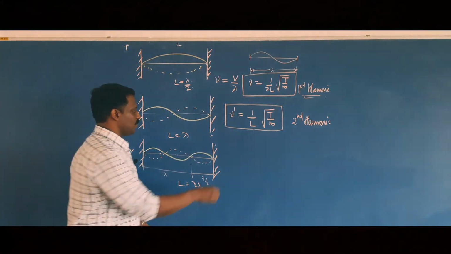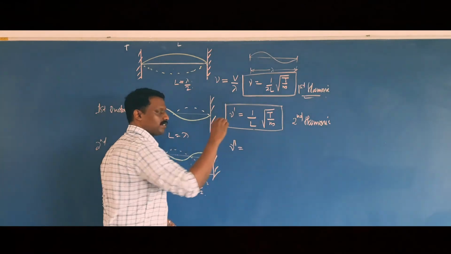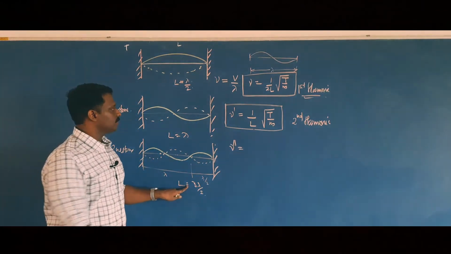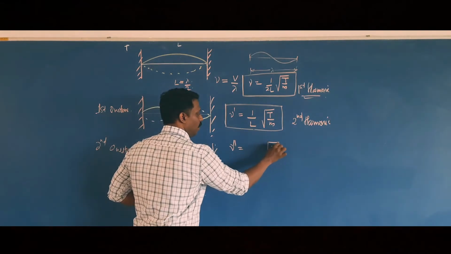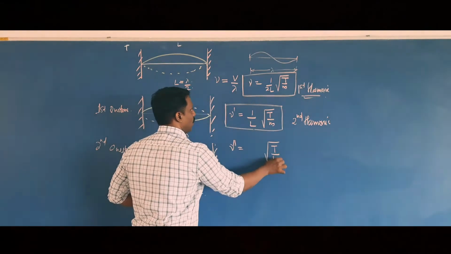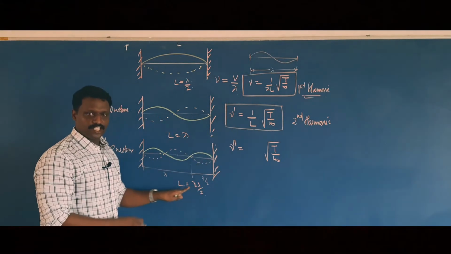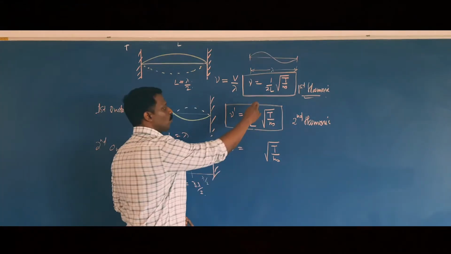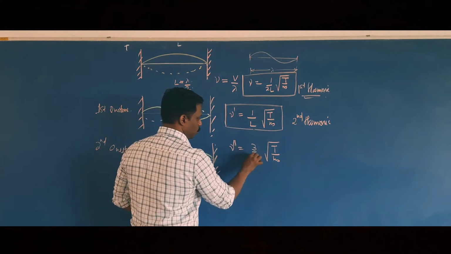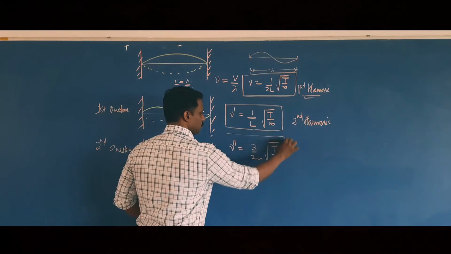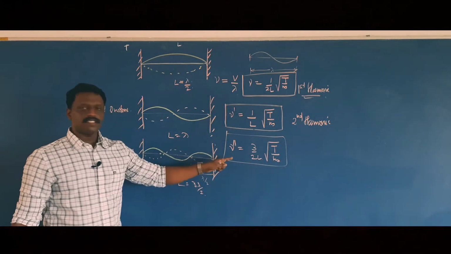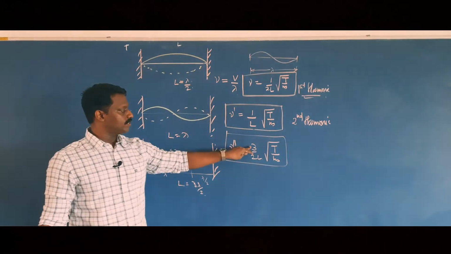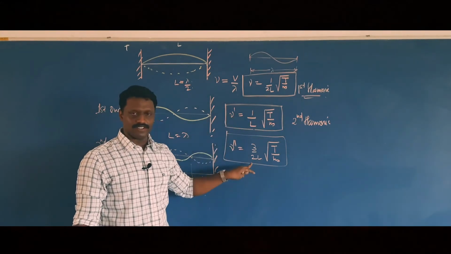So it is again easy to write the second overtone, which is obtained from the same formula, velocity divided by wavelength. Wavelength is 2L by 3. So 1 by lambda is 3 by 2L. This is the third harmonic, since this is 3 times the fundamental frequency.